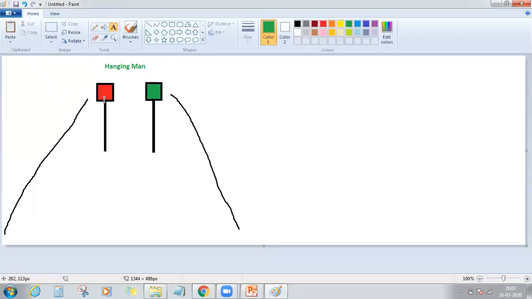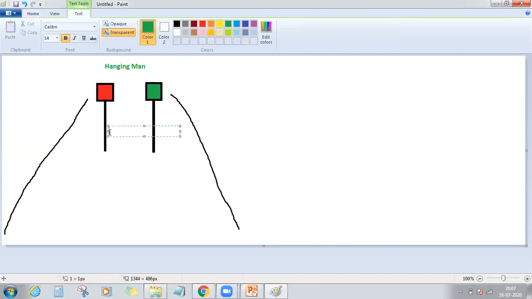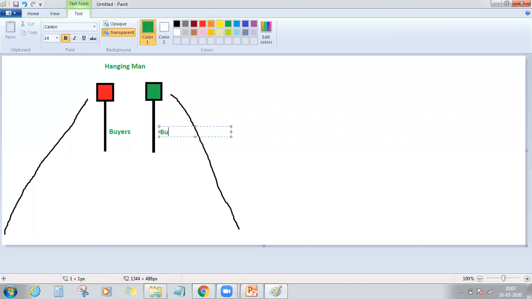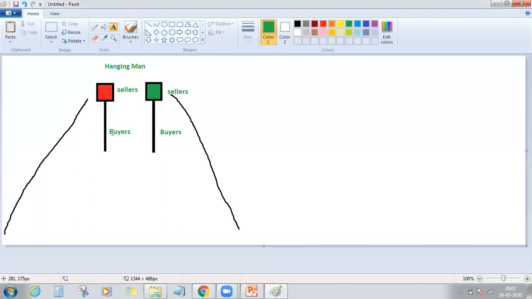So the sellers were able to exhibit their strength, but still the buyers are at an upper hand. So this is the leg caused by buyers, rejection in price from the bottom, and these are the sellers here. The size of the sellers' body is comparatively less than the buyers' body.